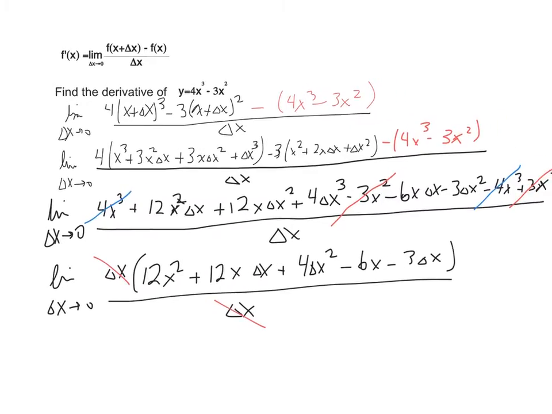Everywhere I see a delta x, I can plug in 0. So this term here will go to 0. This term here will go to 0. This term here will go to 0. So all I'm left with is the 12x squared and the minus 6x.